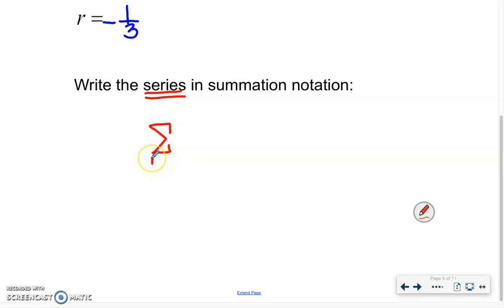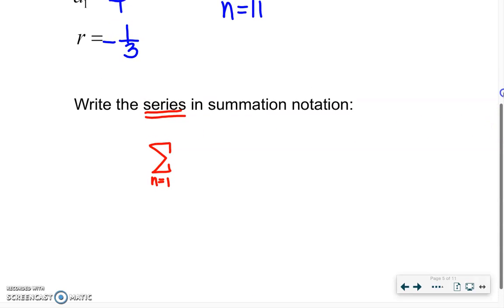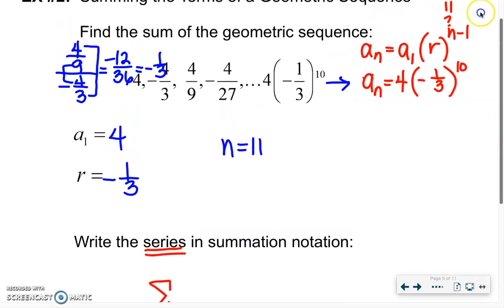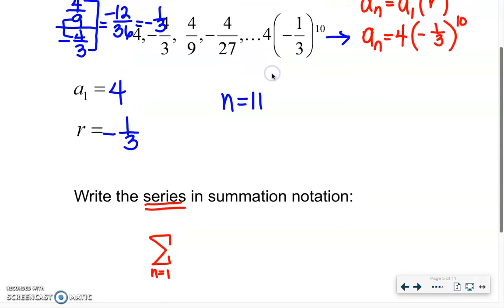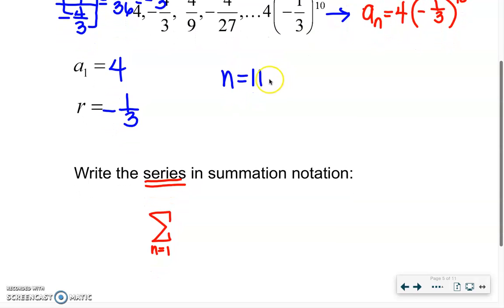I think in the example it was k, but you could use n, it doesn't really matter. We're going to tell it to start at the first term, so n equals 1. And then we're going to tell it the ending term. Based on the information given up here, the ending term was the 11th term. So we're going to tell sigma to add up the first 11 terms.